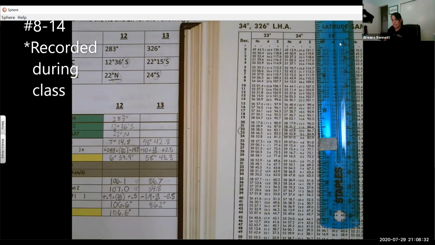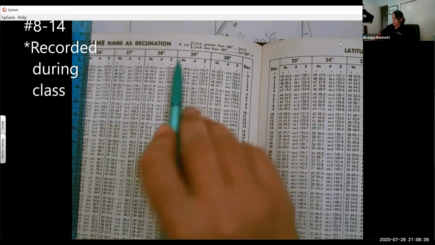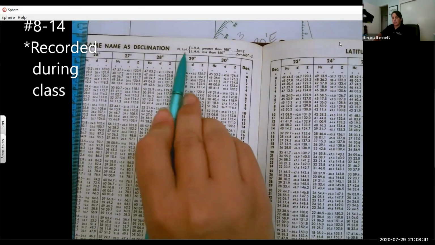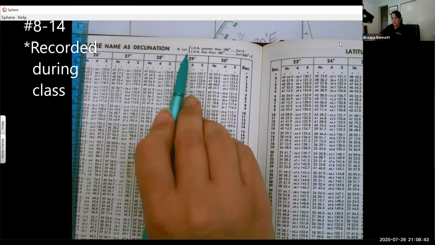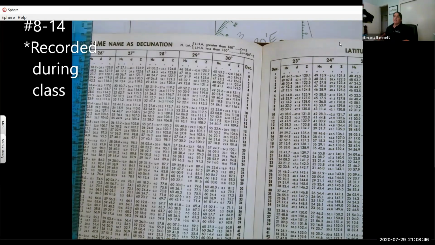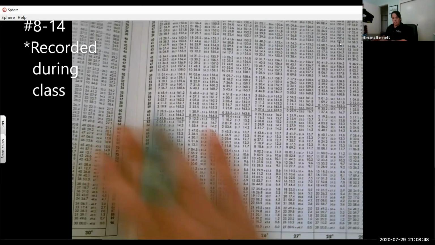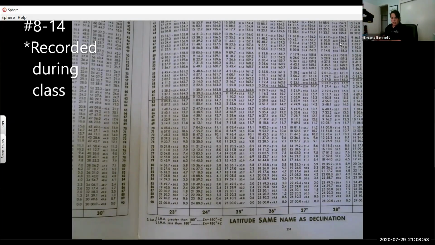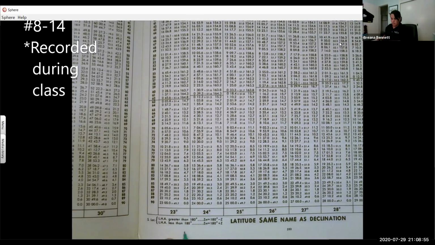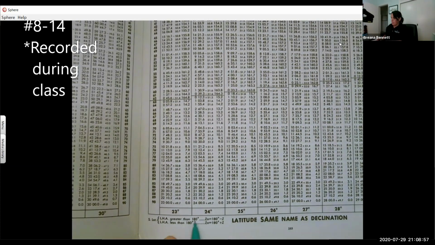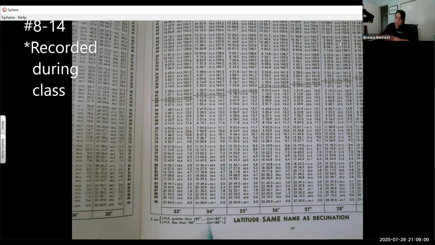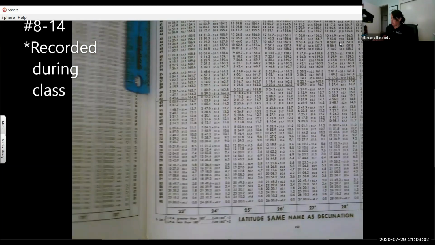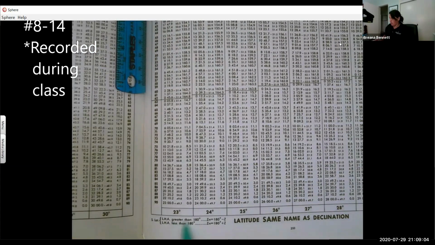Now I need to convert that Z to Zn. So I go back to my rules. This one was for the north latitude, but I am in the southern hemisphere. I'm at 24 south. So I'm going to be following these rules down here. My LHA was 326, so my LHA is greater than 180.